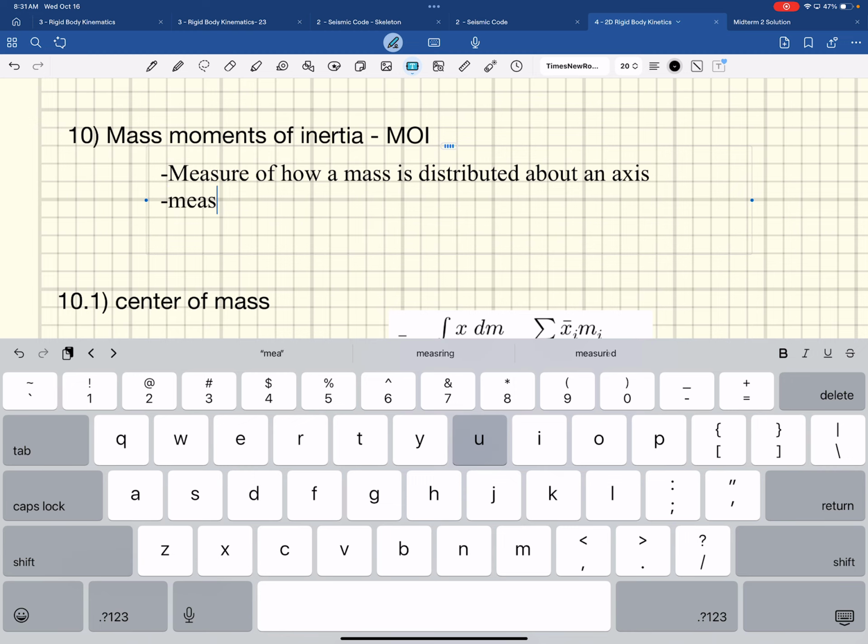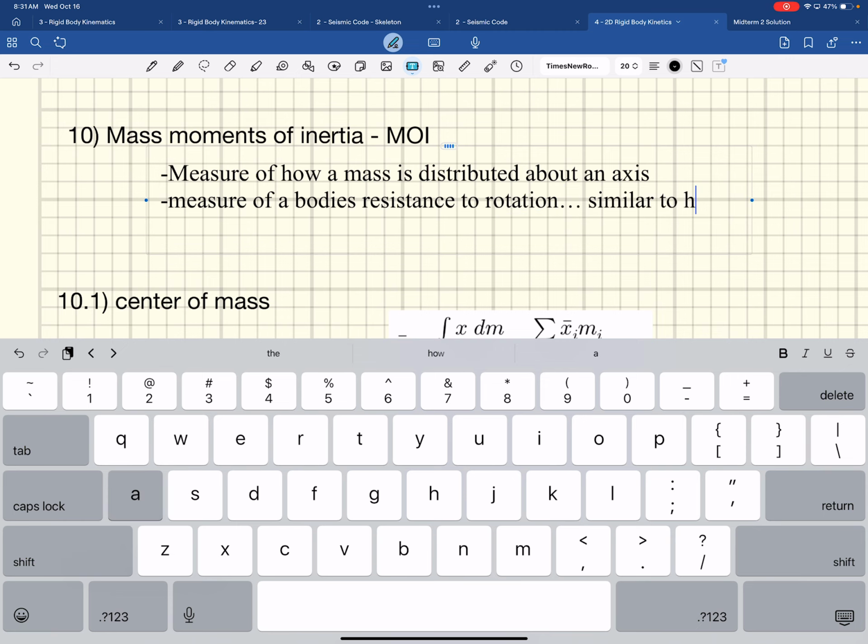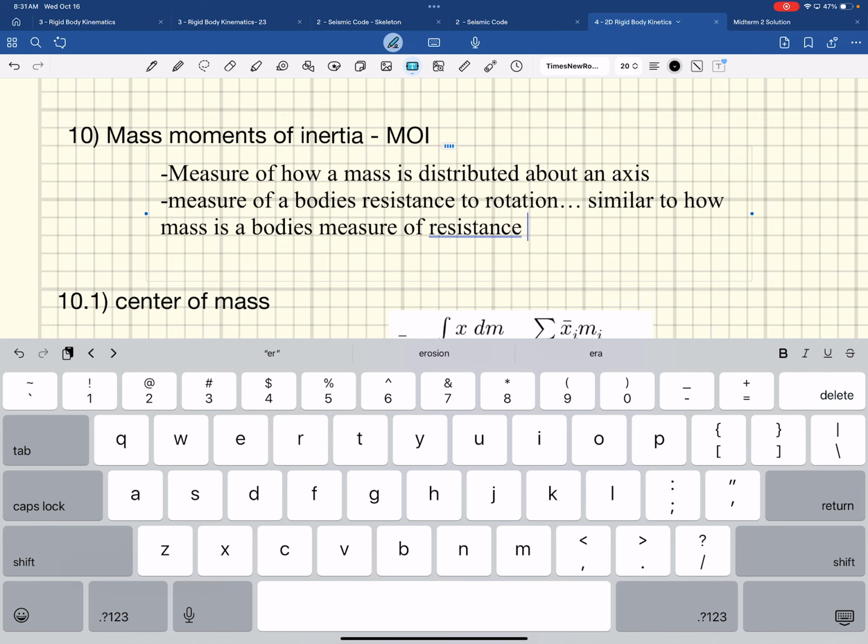This is a measure of a body's resistance to rotation, similar to how mass is a body's measure of resistance to translation.